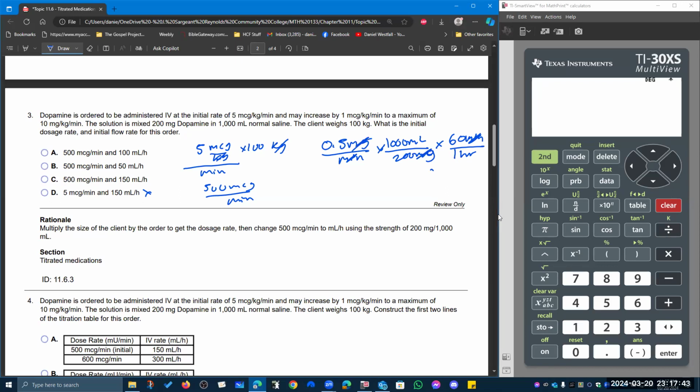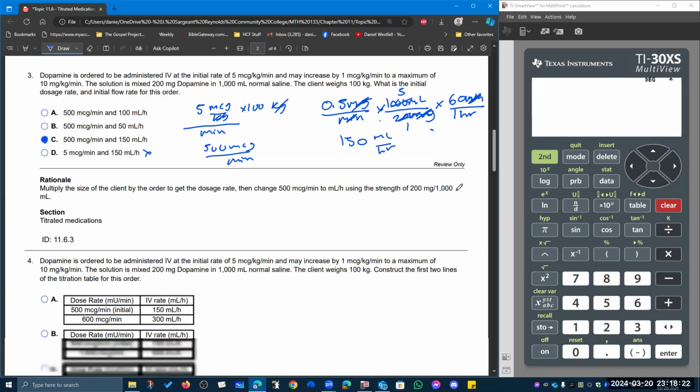Milligrams will cancel. 200 goes into 1,000 5 times. 5 times 60 is 300, and half of 300 is 150 milliliters per hour. So this is 150 milliliters per hour.